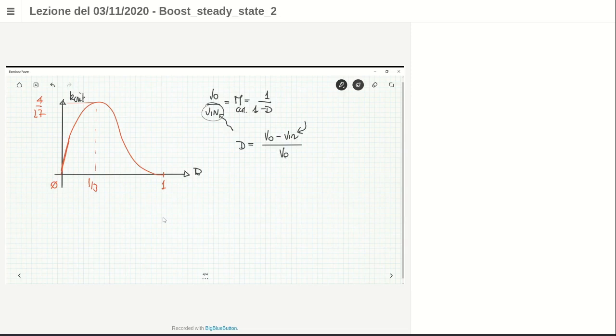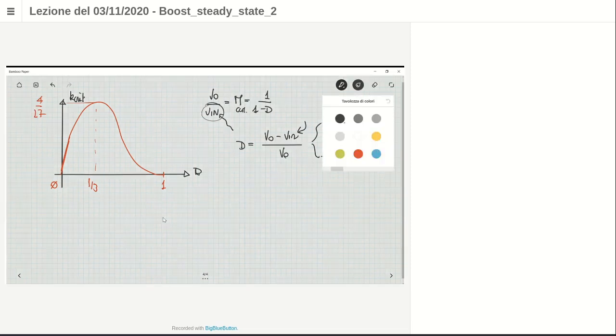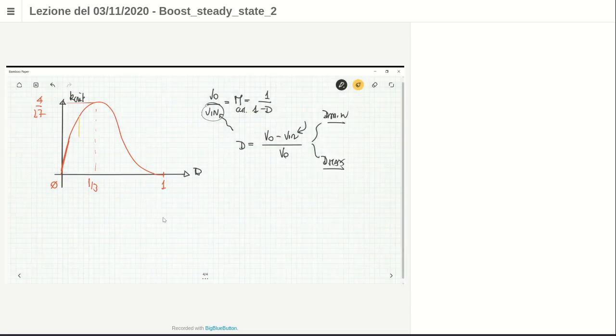Okay, so if you know what is your range of variation of Vin, then you can have a minimum value of the duty cycle and also the maximum value. So these two parameters are known at the beginning of your design. So supposing, for example, that you are in this specific situation, your duty cycle variation ranges from this value here, the minimum, to, I don't know, this value here, which is the maximum.